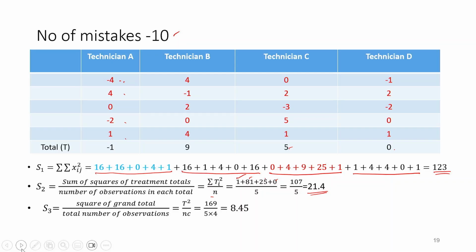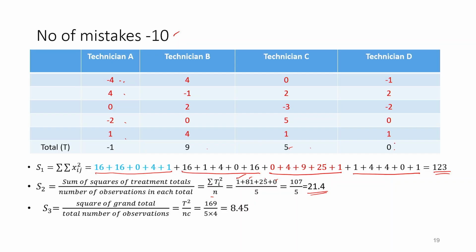Next is S3, T squared by NC. T squared we have to find out as the square of the grand total. So the grand total we have to add: this plus this plus this plus this.